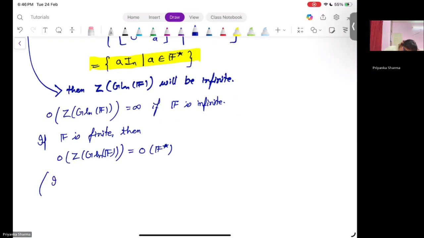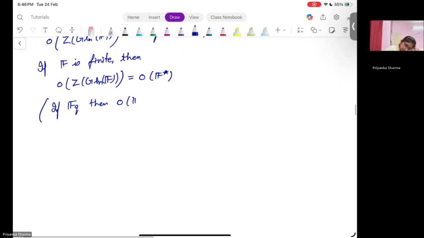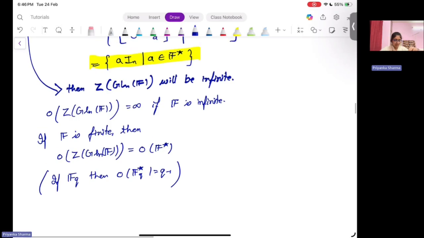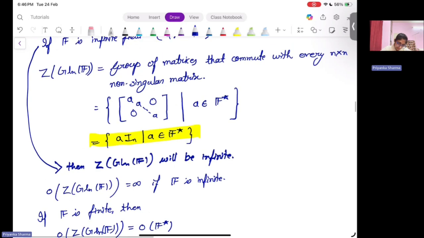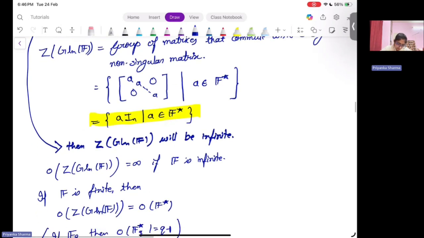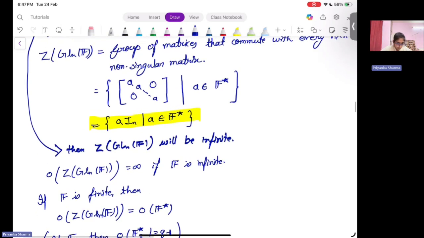So if we have F_q, then the order of F_q star will be q minus 1. It means if we have a finite field, then we will have q minus 1 central elements of the group GLN F.